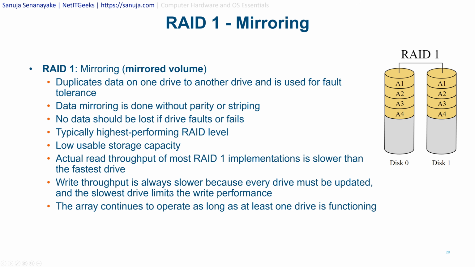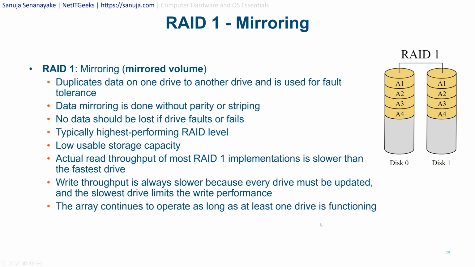The write throughput is always slower because every drive must be updated, and the slowest drive limits the write performance, because every single time you write to a RAID 1 configuration, it not only has to save on one of the hard drives, it has to save on 2 hard drives, right? It has to mirror that information. So as a result, the throughput of RAID 1 reads and writes is very slow.